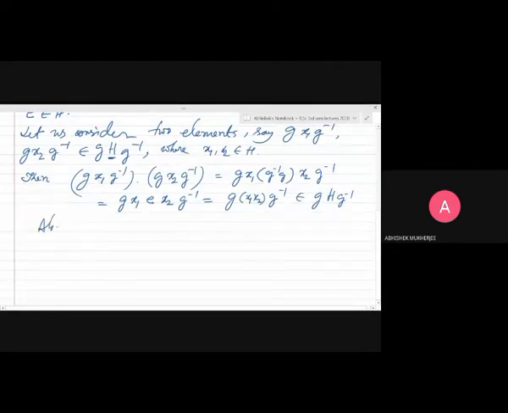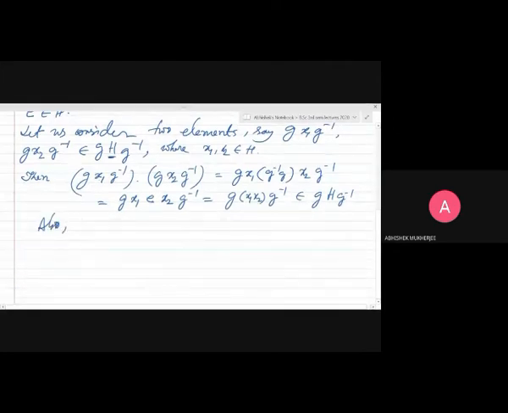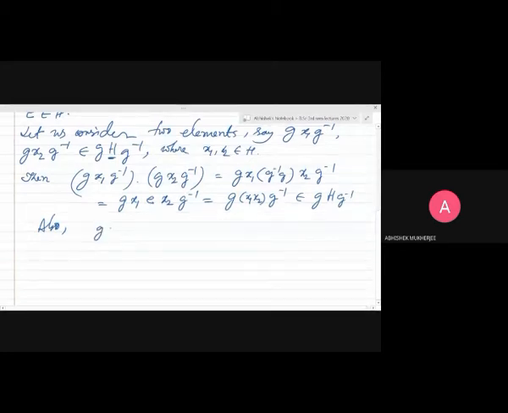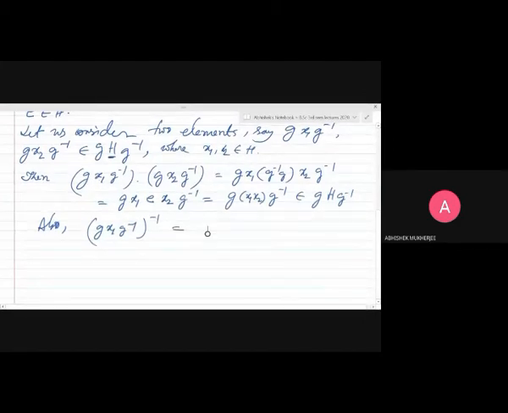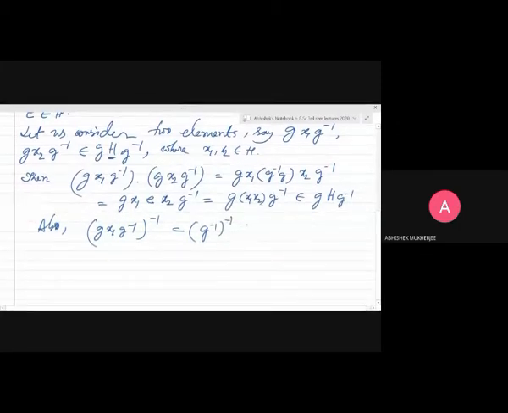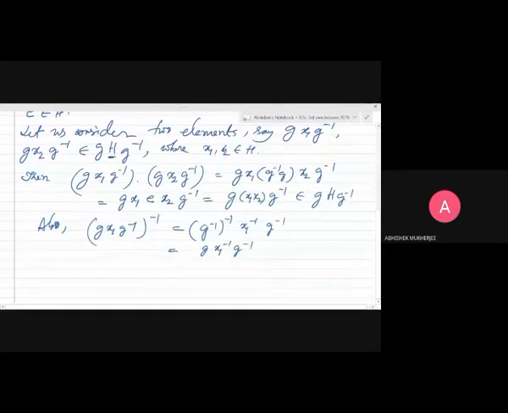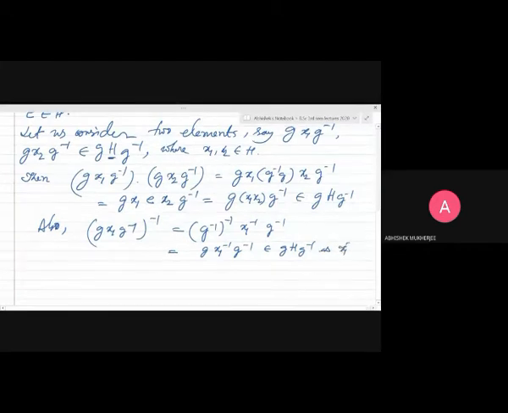Also, if you take any one, suppose G x1 G inverse, what would be the inverse of this element? This is the inverse of G inverse, x1 inverse and G inverse, right? So the inverse of G inverse is G, and it is x1 inverse and G inverse. Now since x1 belongs to H and H is a subgroup of G, its inverse is also in H. So that means it belongs to G H G inverse, as x1 inverse belongs to H, right?